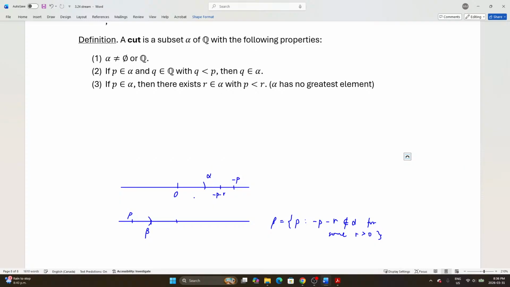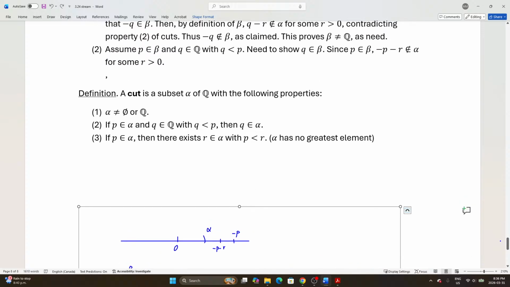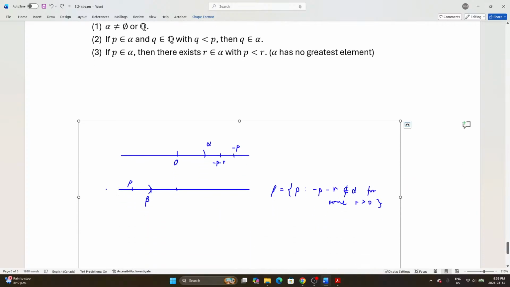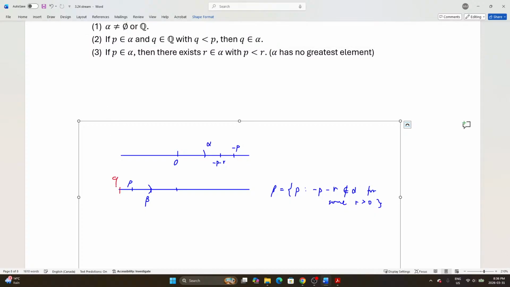So that's the idea. I wanted to show that for this other rational q less than p, the object of interest is q. I need to show that q is in beta as well.